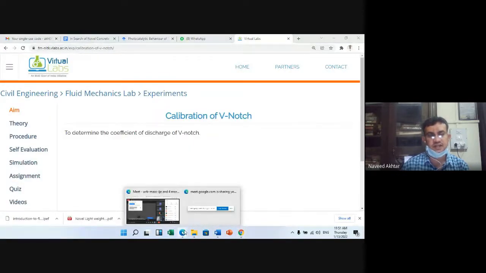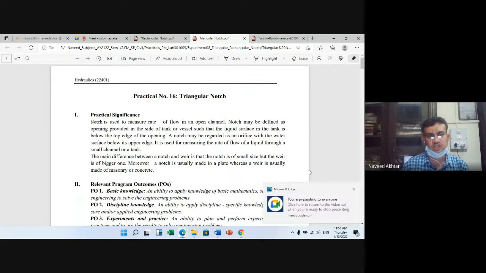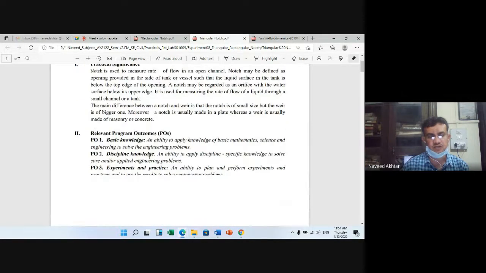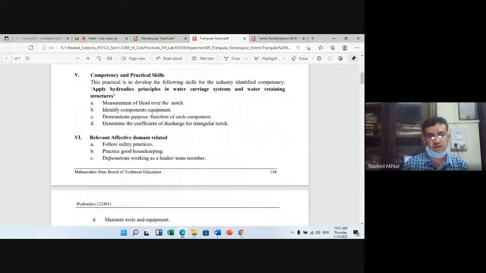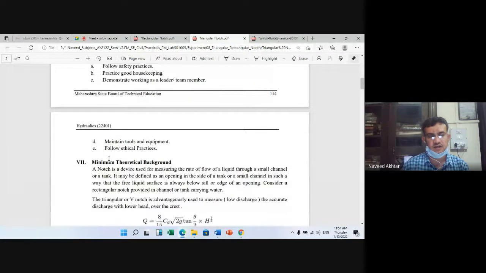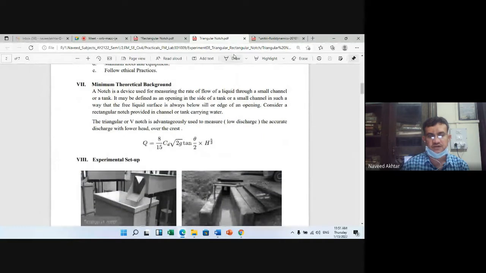All the theoretical parts are similar to the rectangular notch. A notch is used to measure the rate of flow and discharge in an open channel. All these things are related to your triangular notch.